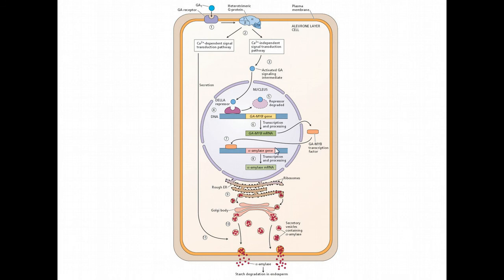Breaks down starch. So how does it get to the starch? The alpha amylase RNA moves into the rough endoplasmic reticulum. What happens in the rough endoplasmic reticulum? What's the first thing that happens? What is RER? What's the function of RER? Oh, come on, folks. You just had that.